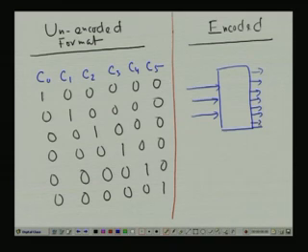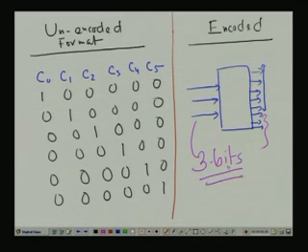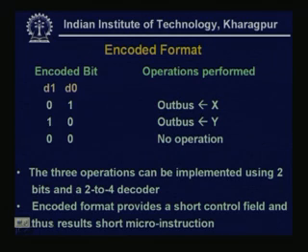Here only 5 lines will be utilized and the other 3 will be unutilized. So, here only 3 bits are necessary, whereas here it is 5 bits. So, in this way encoded format provides a short control field and thus results in a short micro instruction.